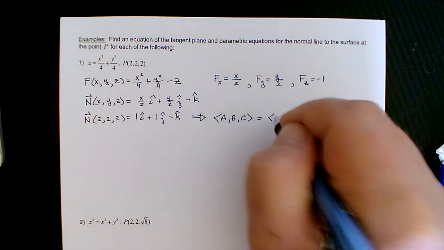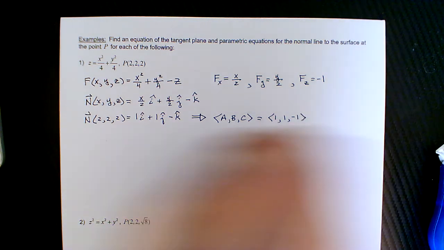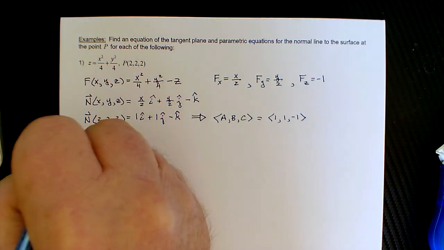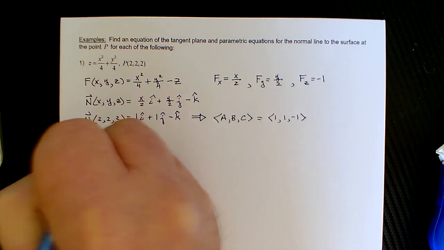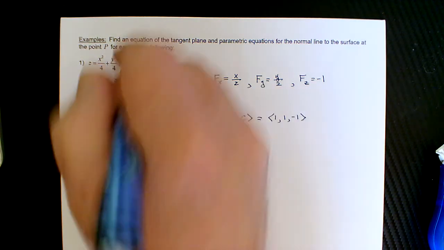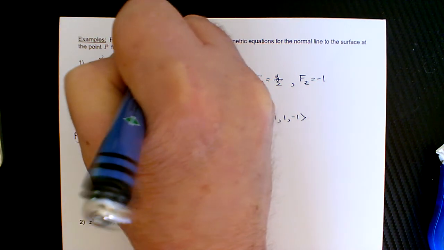That's just going to be 1, 1, and -1. So now we can find the equation of the plane, because here's our point, x sub 0, y sub 0, z sub 0.